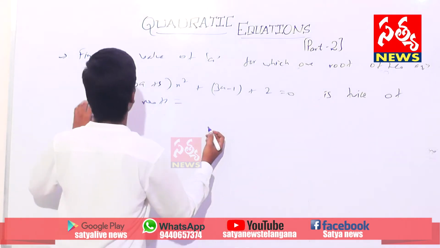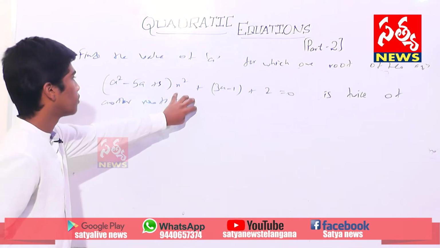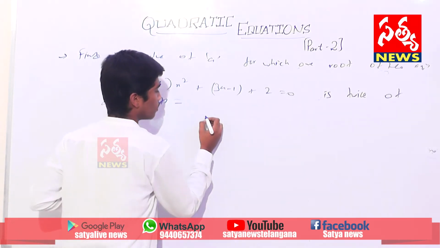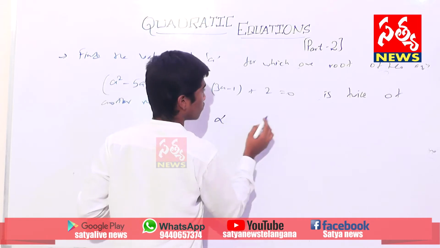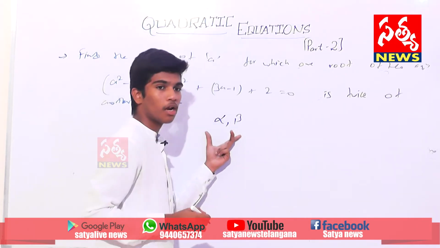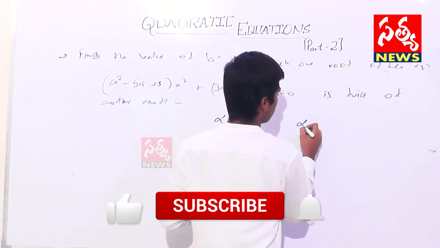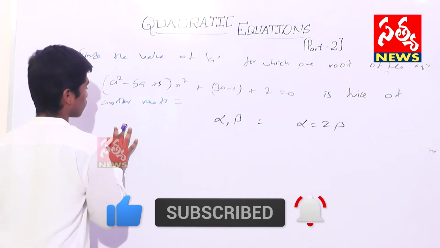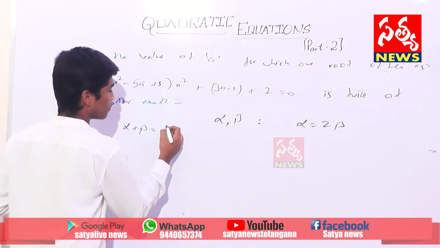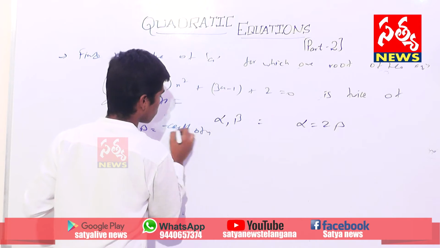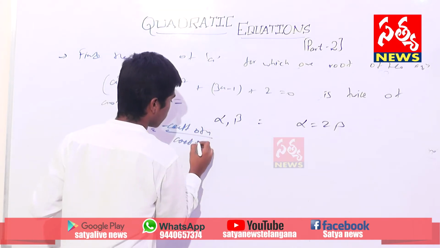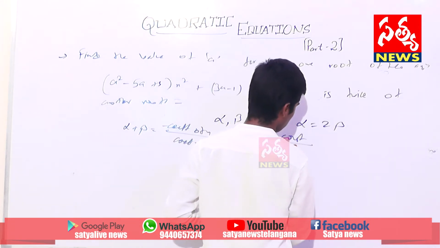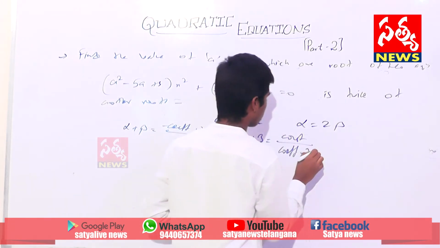They have given us the quadratic equation of power 2. There are two roots. Let us assume that roots are alpha, beta, and they have given alpha = 2 beta. Now we know that alpha + beta = minus coefficient of x by coefficient of x^2, and alpha times beta = constant by coefficient of x^2.